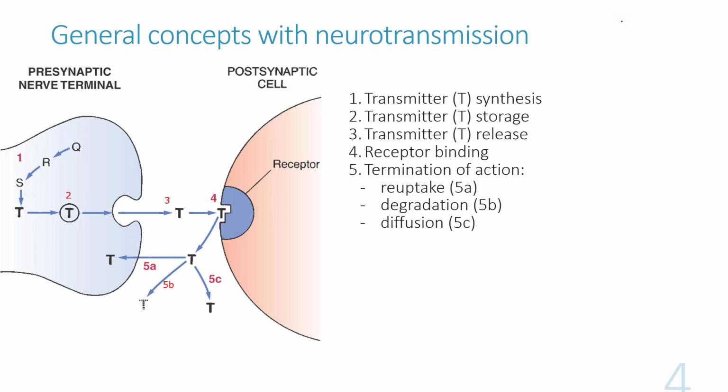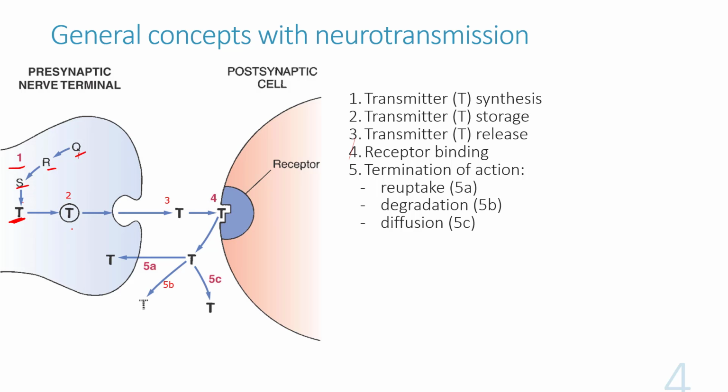So just general concepts with neurotransmission. You can see over here there are 5 different steps listed on the right hand side. The first step within the neurotransmission process is the synthesis of the transmitter, right? So you've got over here just the precursor compounds that are altered in order to form the final transmitter.